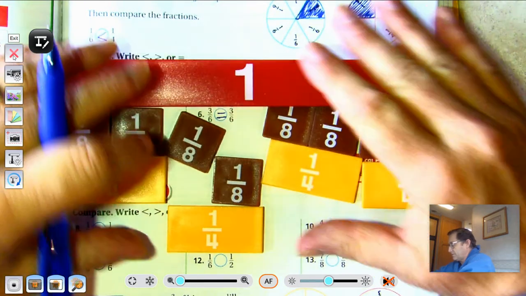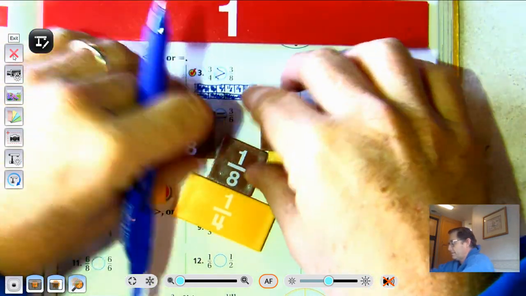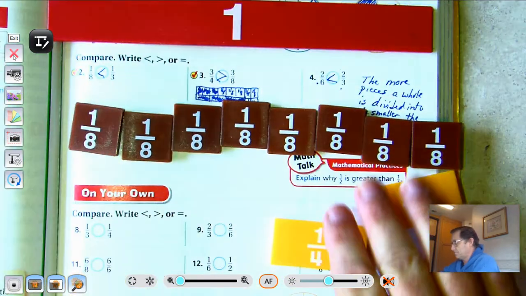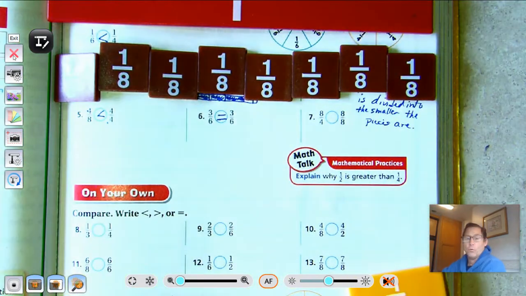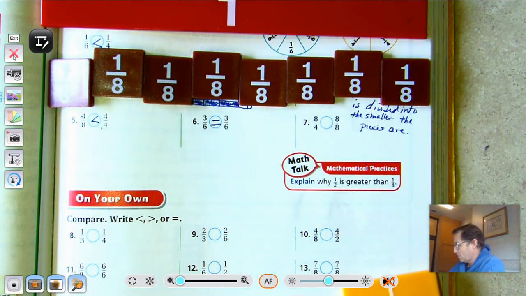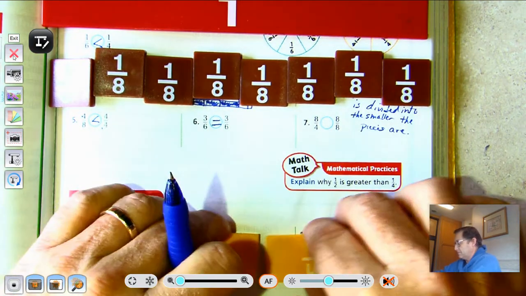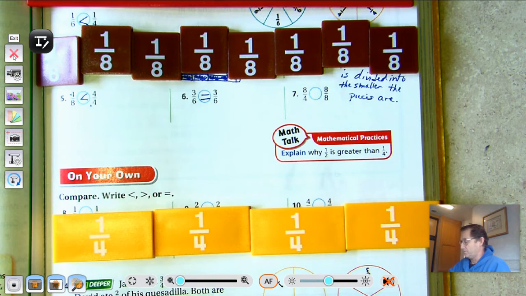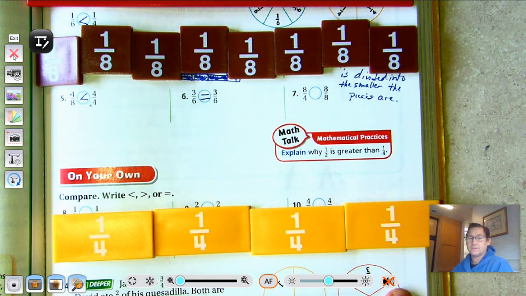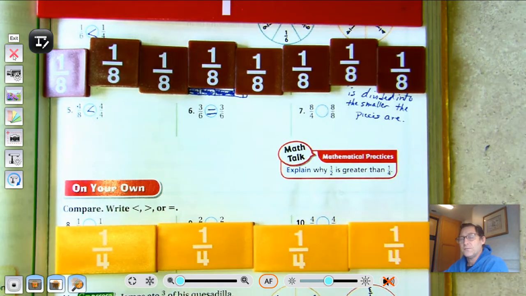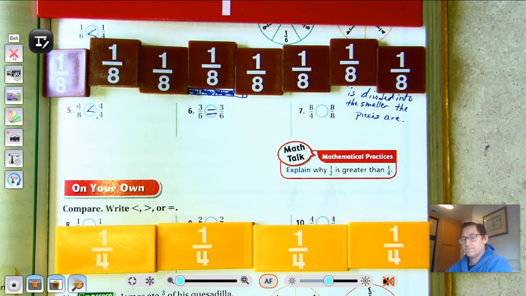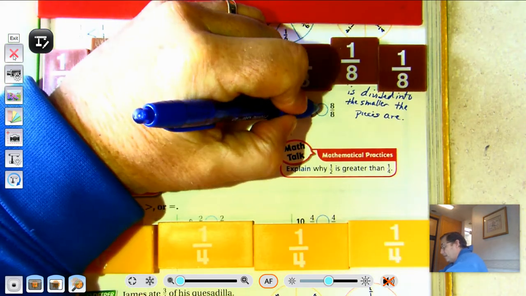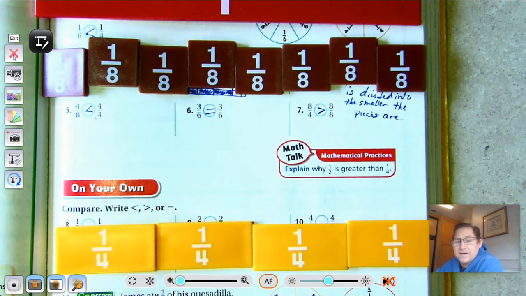But then it wants us to compare that to 8/4. Well, 4/4 is 1 whole. So 8/4 would be, I'd have 2 rows of these, right? So which one has the smaller pieces, the eighths or the fourths? The eighth has the smaller pieces. So I would get more if I shared with 4 equal parts.